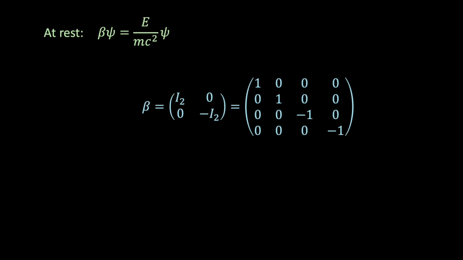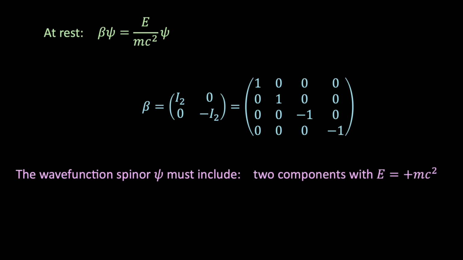And we've also seen that at rest, the Dirac equation reduces to a simple eigenvector eigenvalue equation. And we know from the diagonal structure of the beta matrix that beta has 4 eigenvalues, 2 plus 1 and 2 minus 1. And this means that the wave function spinor must include 2 components with positive energy and 2 with negative energy.